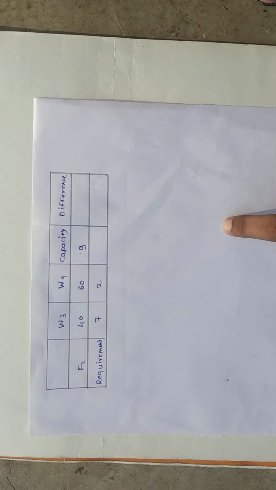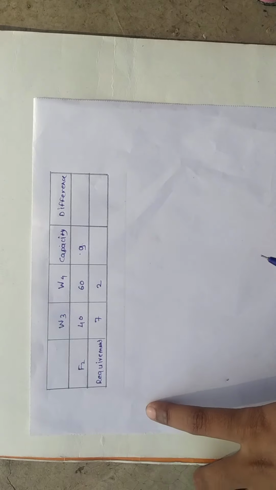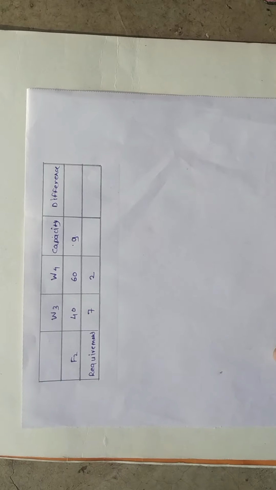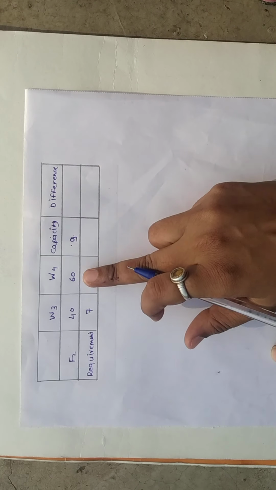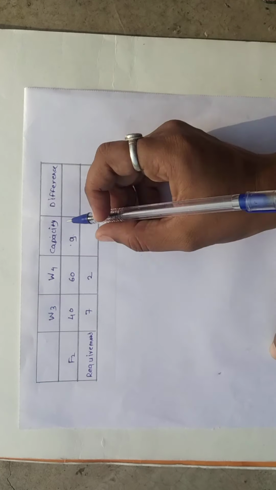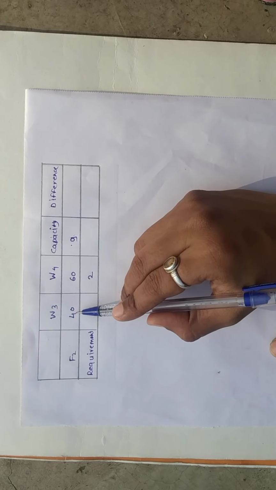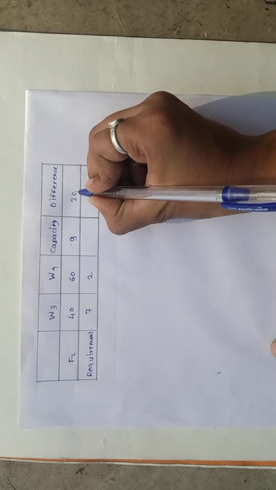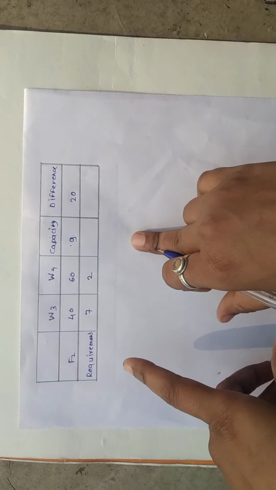So the reduced transportation table. Here for the row, the smallest cost is 40 and the second smallest cost is 60, so their difference is 20.